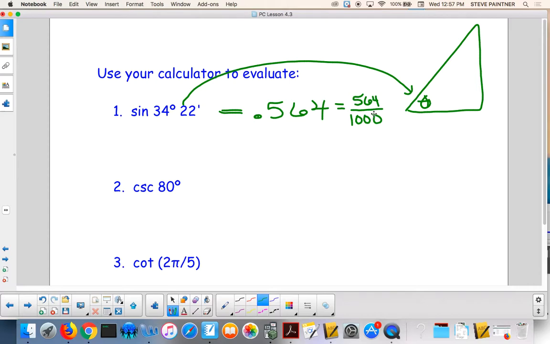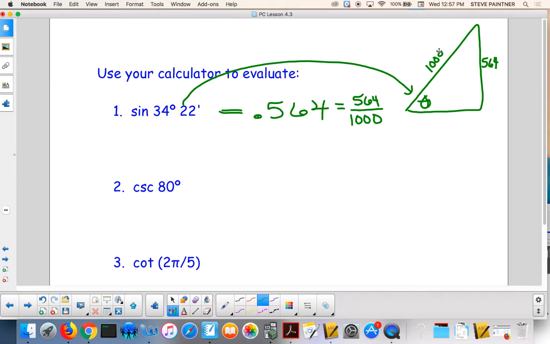That decimal your calculator gave you is really a ratio. It says the opposite side is 564 and the hypotenuse is 1,000. I know you guys are seeing a decimal, but it's a ratio. Just so you know. Okay? Do the next one.